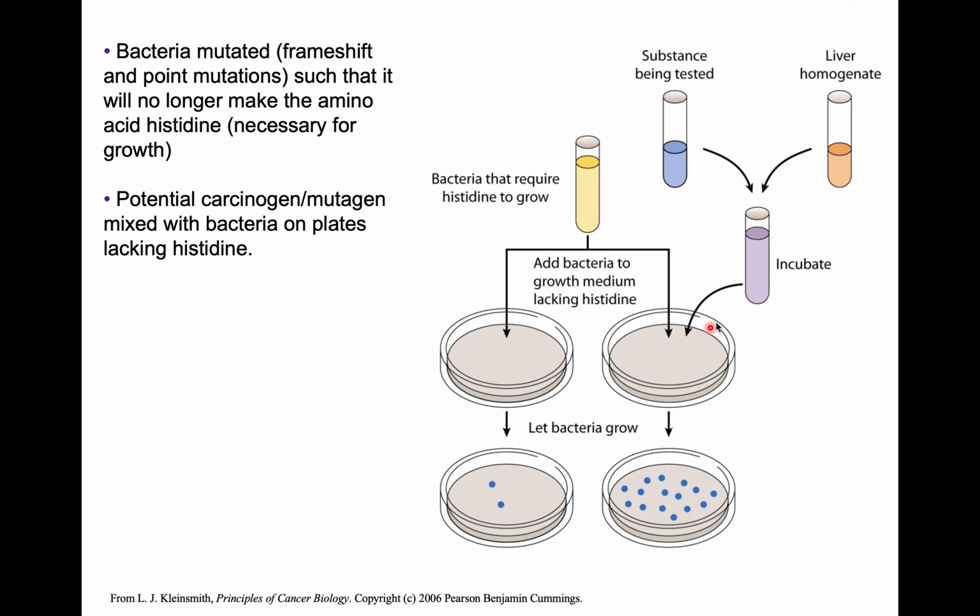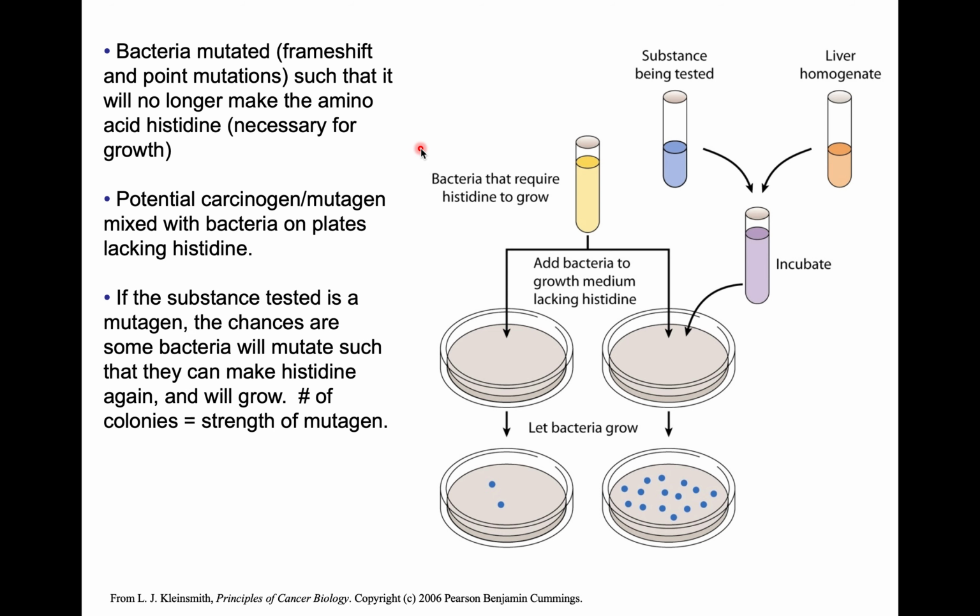And the idea is if that substance or the metabolized version of that substance is a mutagen, it will start mutating the DNA in the bacteria. And at some frequency, you will basically reverse these mutations that were intentionally introduced so that now the bacteria can make its own histidine and can grow.